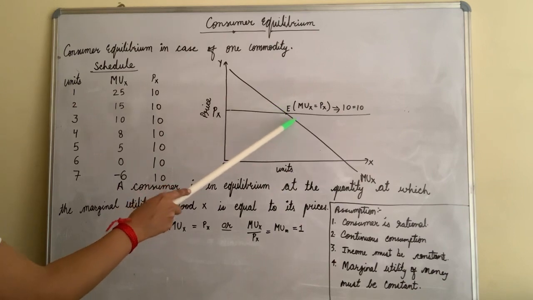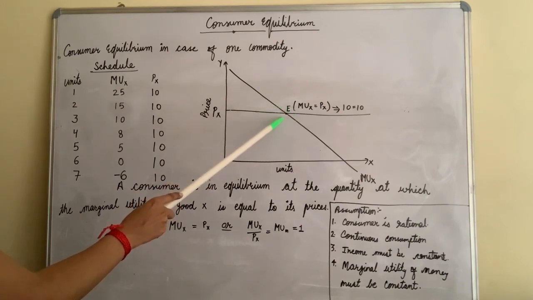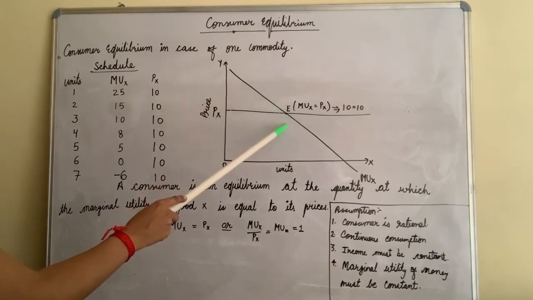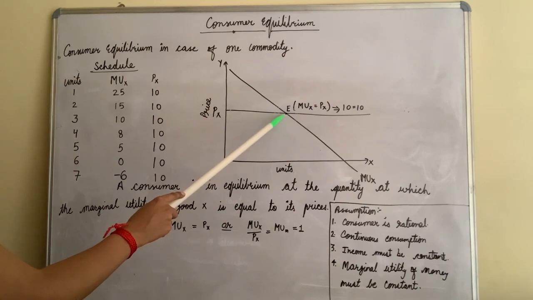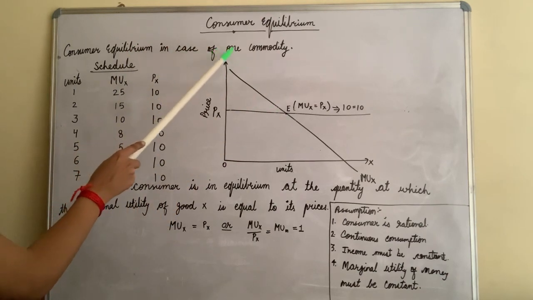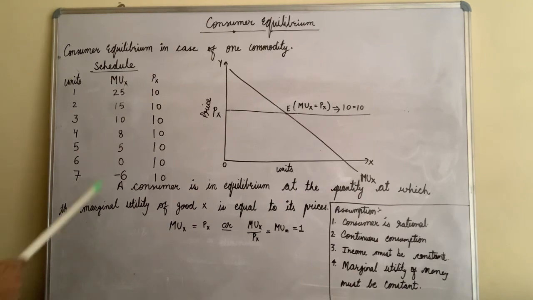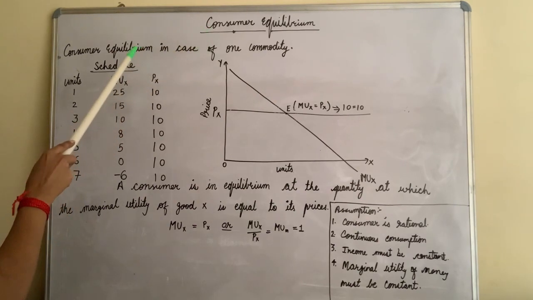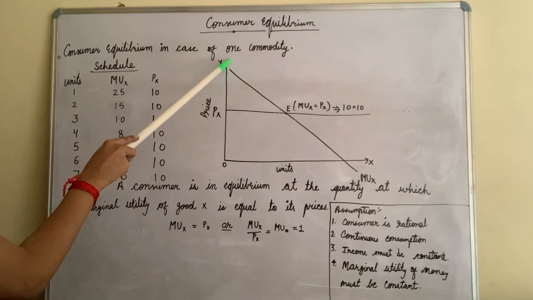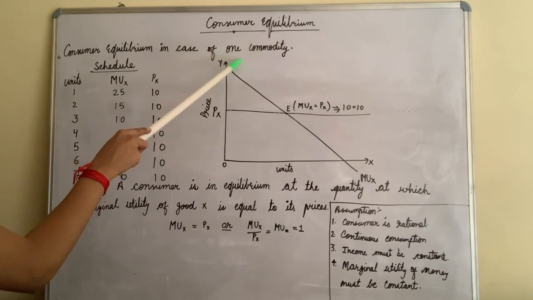The point where marginal utility or our satisfaction meets the price is where our consumer is in equilibrium. So this is the case of one commodity. I hope you got a clear meaning of what consumer equilibrium is and the derivation of consumer equilibrium in the case of one commodity.